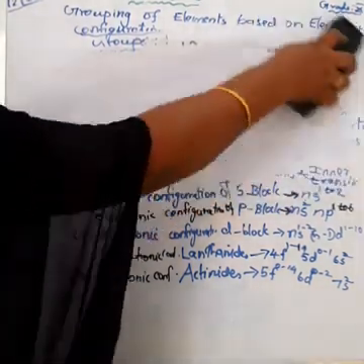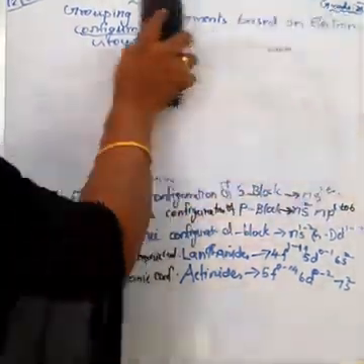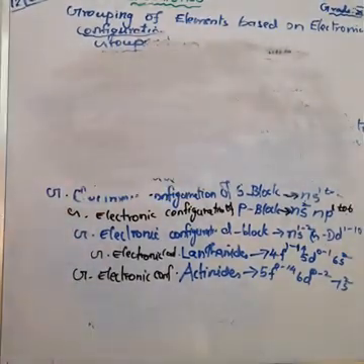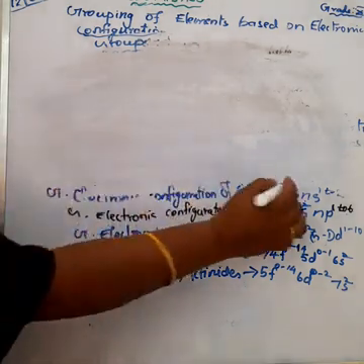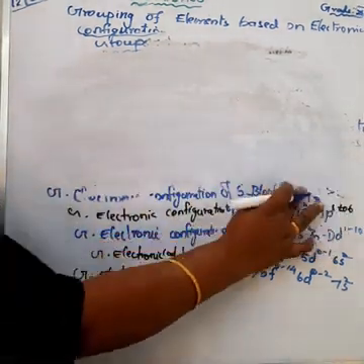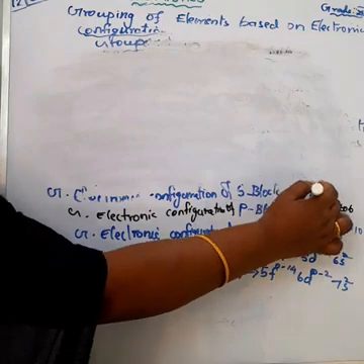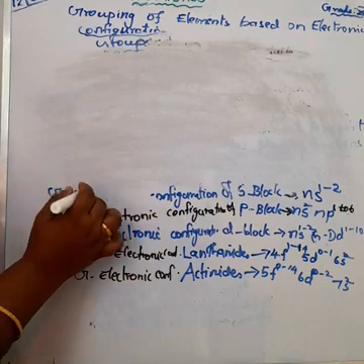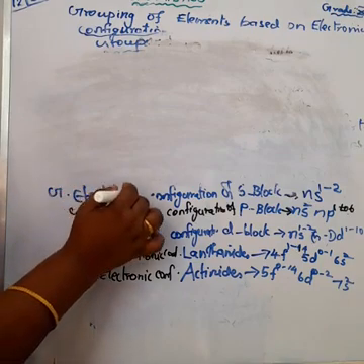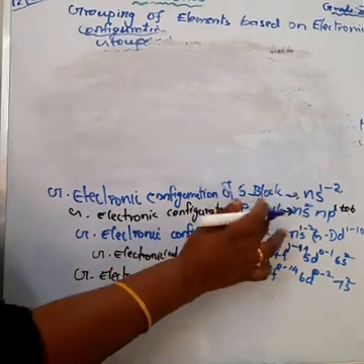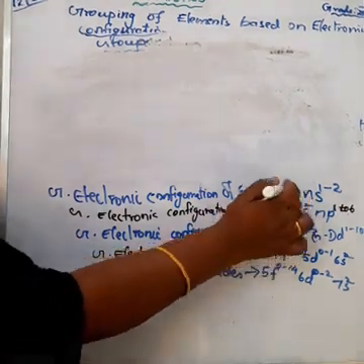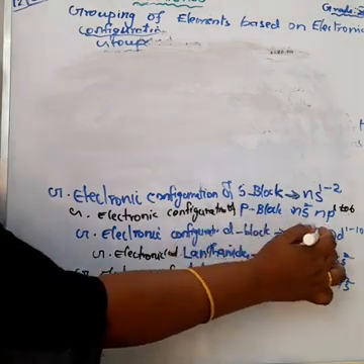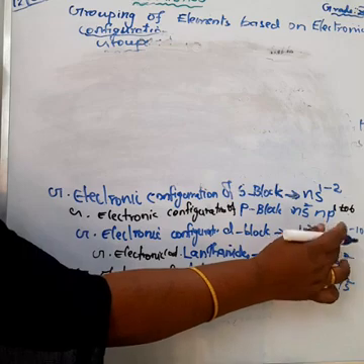Okay, today's assignment. Write the general electronic configuration for the s block elements, ns1 to 2, and for the p block elements, ns2 np1 to 6. The general electronic configuration for the d block elements is ns1 to 2 and (n-1)d1 to 10.